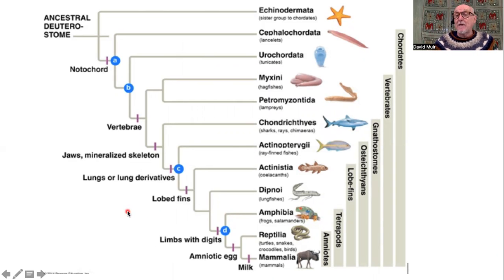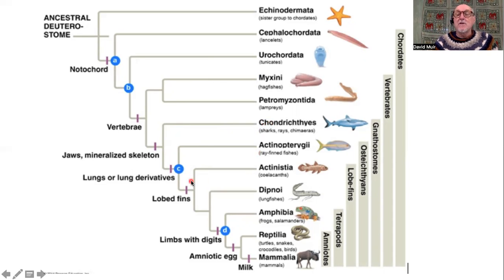And when we look at these groups, just have a look here. Here is the whole grouping of the gnathostomes there, those animals with jaws. And the jaws and the mineralized skeleton, etc., there is the derived character, which gives this whole group its definition.